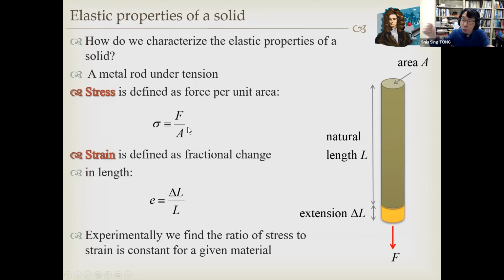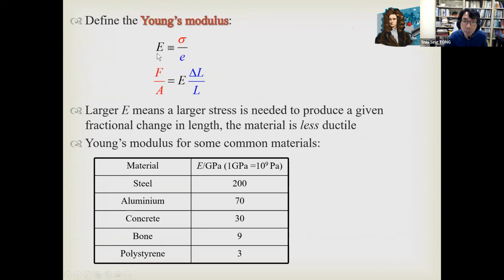If you stretch it with a larger force, you have a larger stress, and the fractional change in length, E, will also be larger. That sounds very reasonable. If you stretch with a larger force, of course that produces a larger extension, right? And the proportional constant between the two quantities is called the Young modulus.